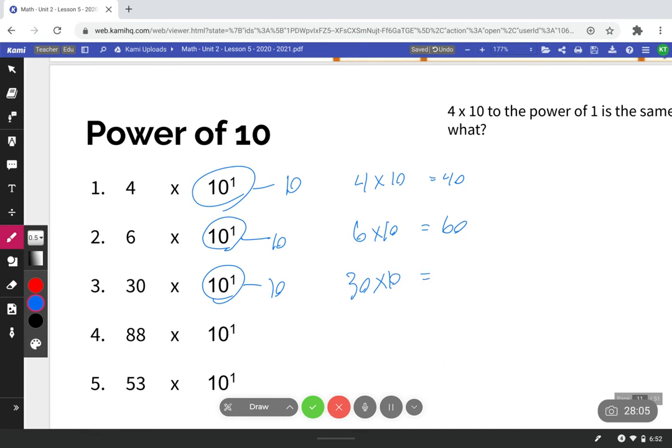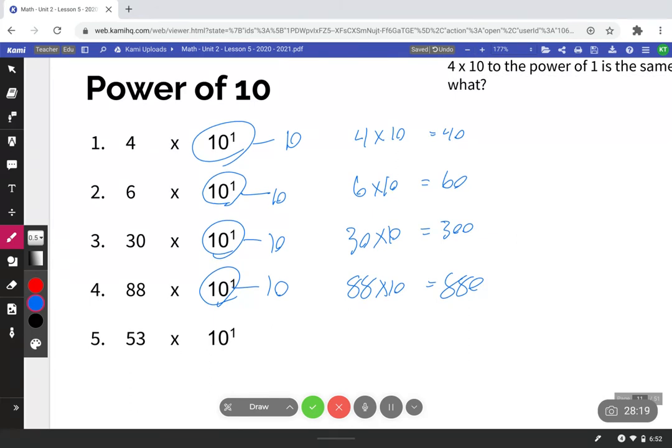We don't just add a 0, we're increasing a place value. 300. 10 to the power of 1, 10. 88 times 10 equals 880. 10 to the power of 1, 10. 53 times 10 equals 530.